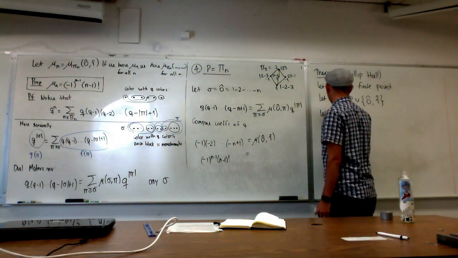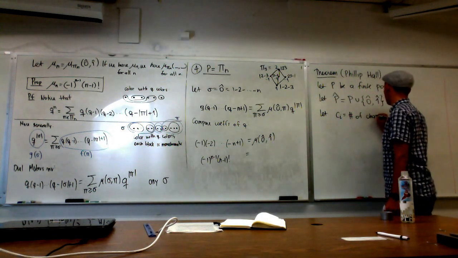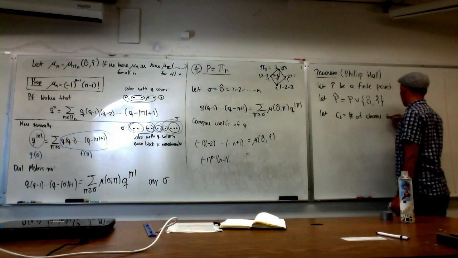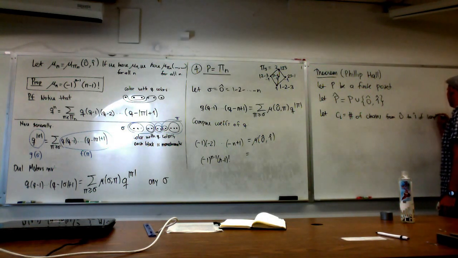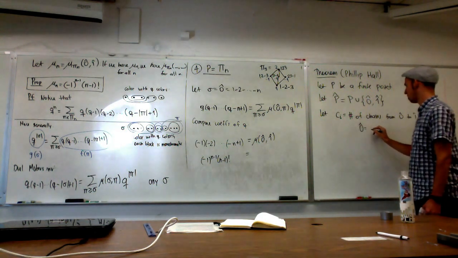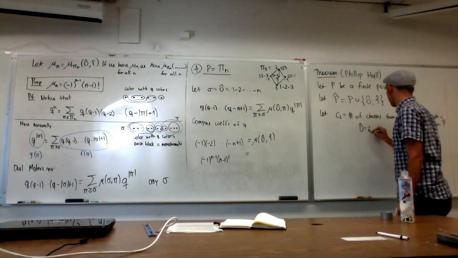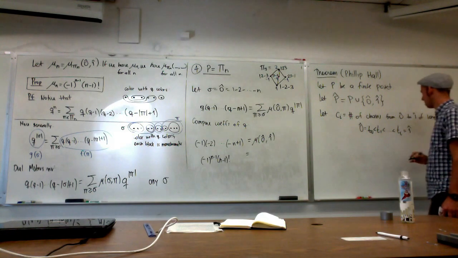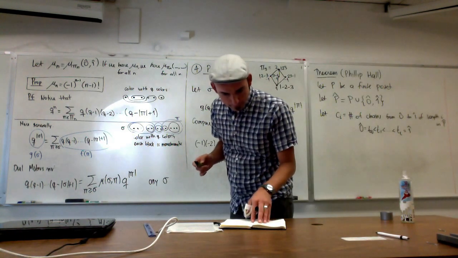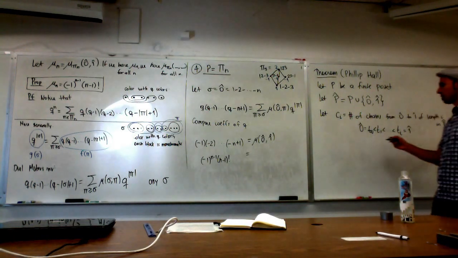And let's say that c_i is the number of chains from 0 to 1 of length i in P hat.